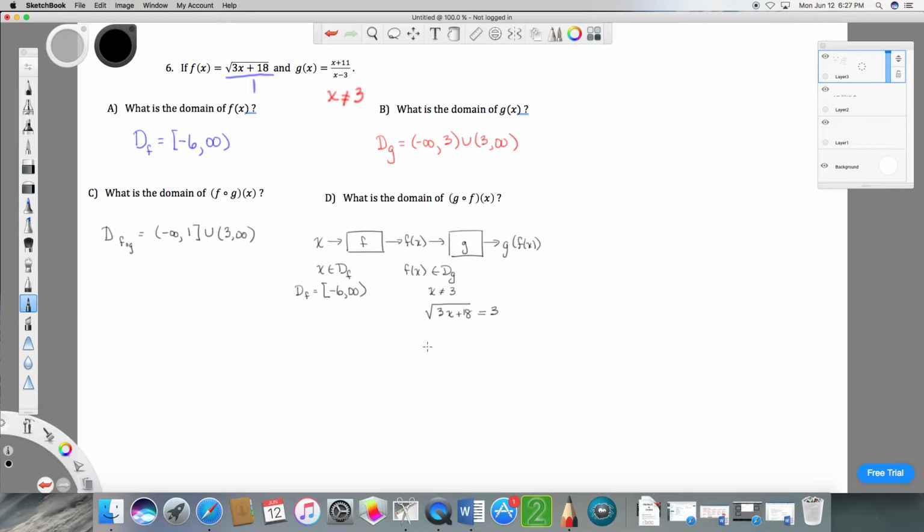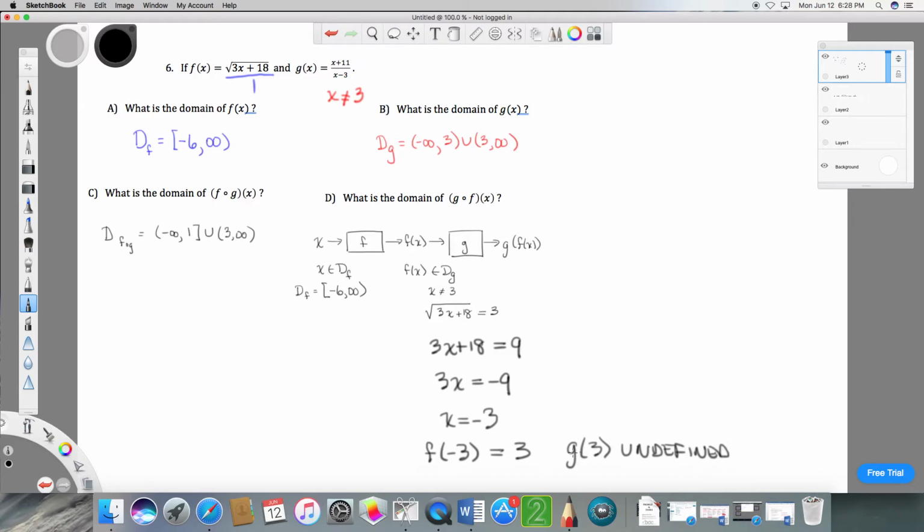If I square the left-hand side, I get 3x plus 18. If I square the right-hand side, I get 9. If I subtract 18 from each side, and divide by 3, I get that f evaluated at negative 3 is going to equal a positive 3. I don't want that to happen because I know that g evaluated at 3 is undefined. It causes division by 0.